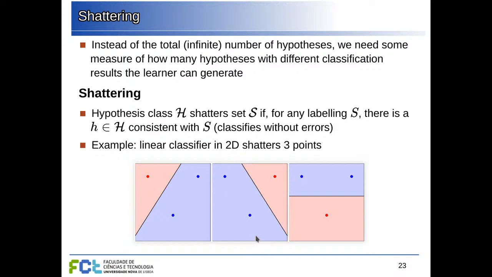We can create sets of points that are impossible to shatter. For example, if you put 2 points in the same position, then it's impossible to shatter, because it will not be possible to separate them. But that is not the interesting part here. The interesting part is that you can create a set of 3 points that a linear classifier in 2 dimensions shatters.